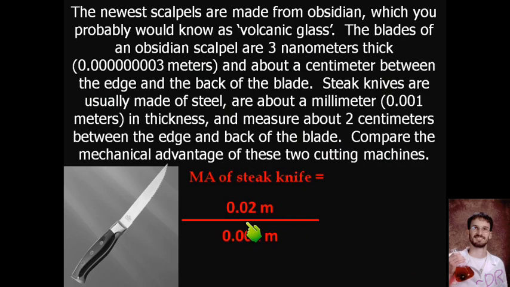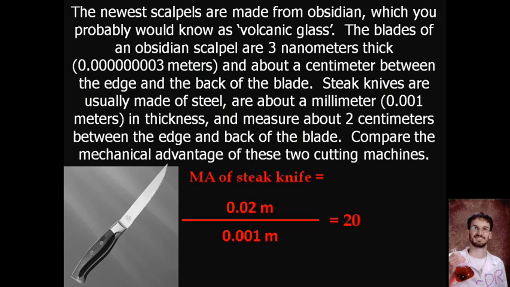Well, the 2 centimeter blade with the thickness of 1 millimeter would give us a mechanical advantage of 20. So when you cut your steak, whatever force you are applying to that meat with your muscles is magnified 20 times.